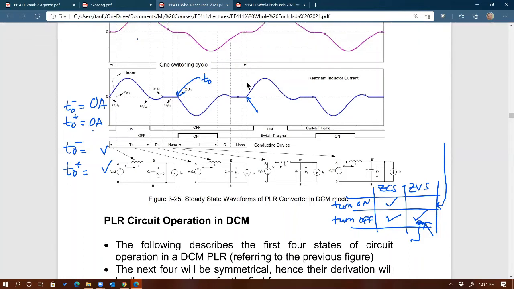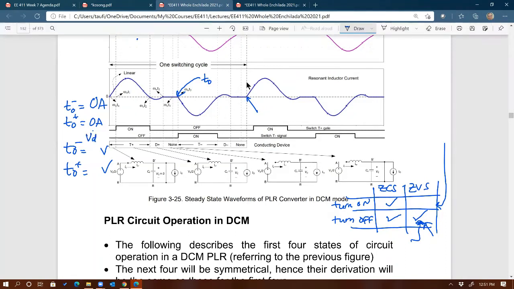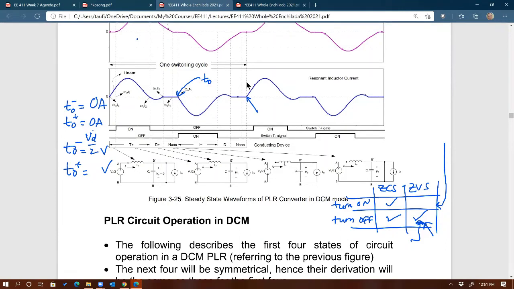So what did you say, Fabian? At T0 minus, you have no current across the switch or the diode, so they're both like open. So that means the voltage across the switch would be VD over 2 at T0 minus. Okay. And then at T0 plus? The switch is conducting, so that would be 0 volts.